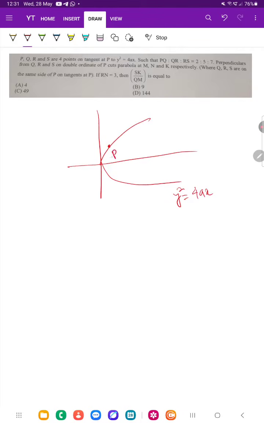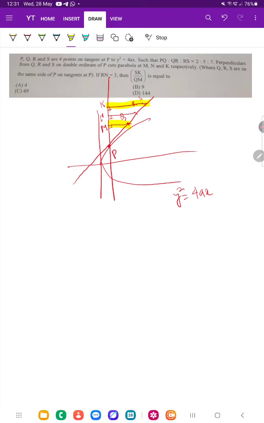Let's say this is point P and we have drawn a tangent at P, and Q, R, S are on the same side of P on the tangent, and this one is the double ordinate of the parabola corresponding to point P. So we'll draw perpendiculars from Q, R and S on this double ordinate, and these will be M, N and K as mentioned in the question. So we are supposed to find SK upon QM.